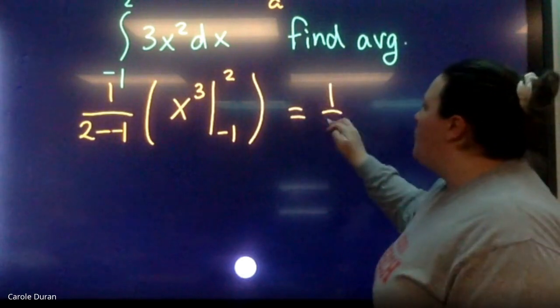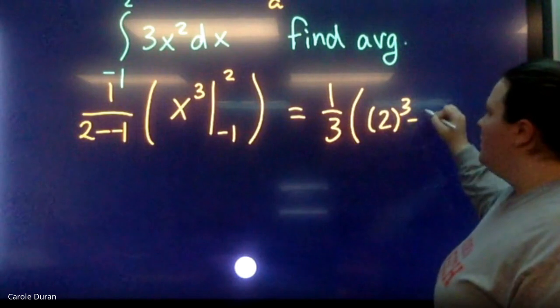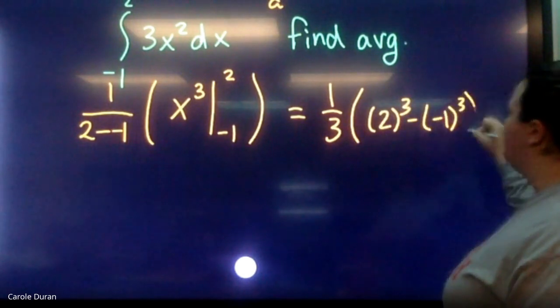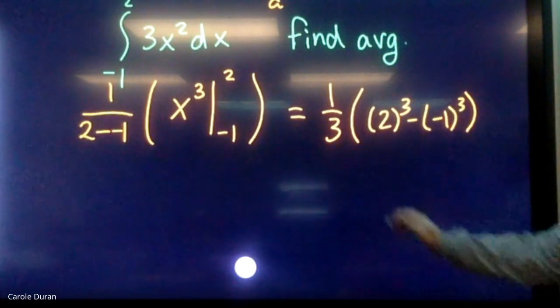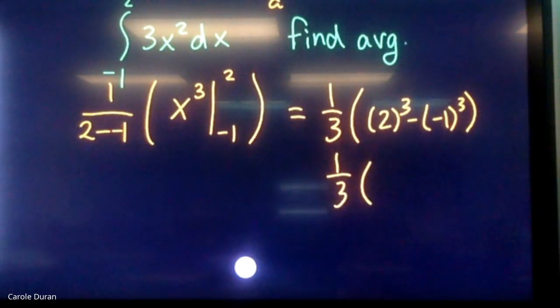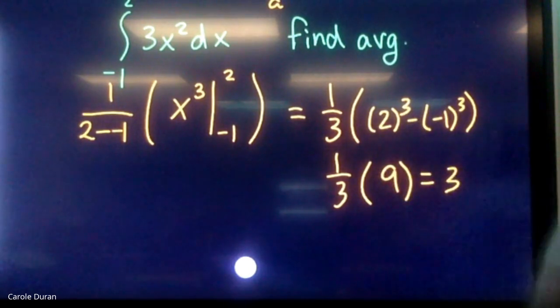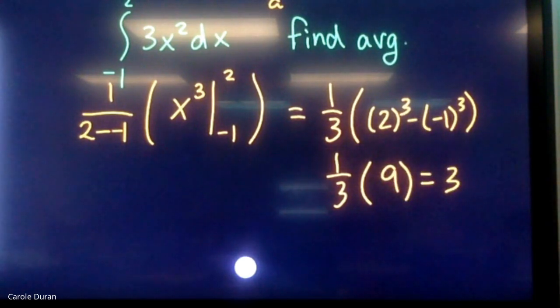This then becomes 1/3 times, well, 2 cubed minus negative 1 cubed. I know 2 cubed is 8. Negative 1 cubed is negative 1. 8 minus negative 1 becomes 9, which means my average value on that integral is 3.